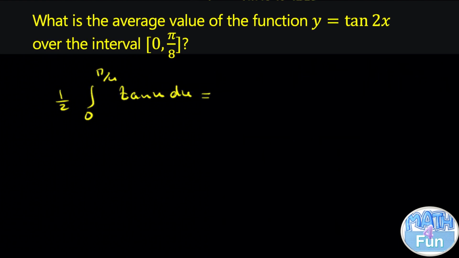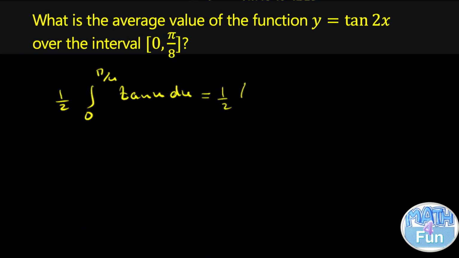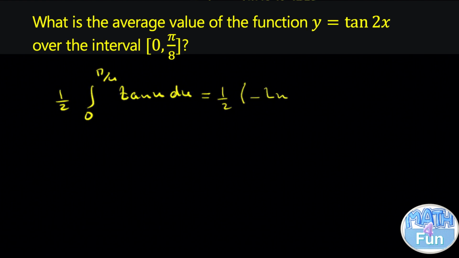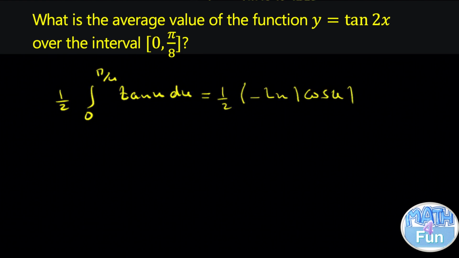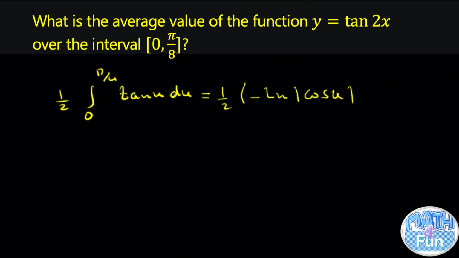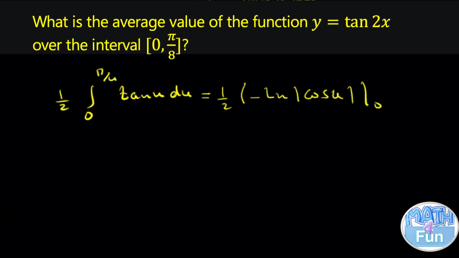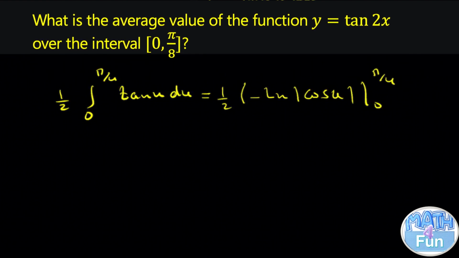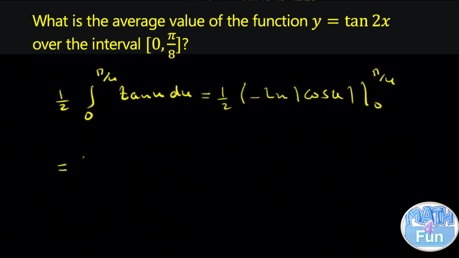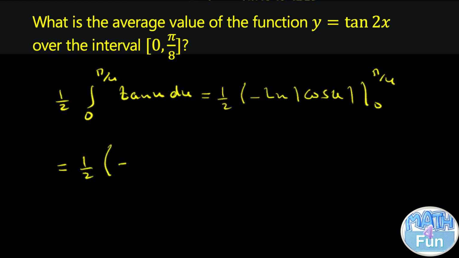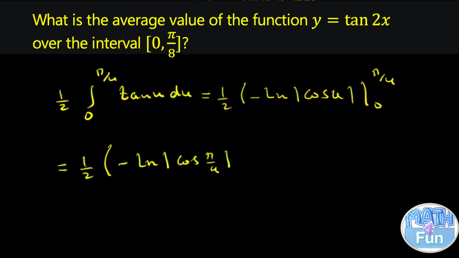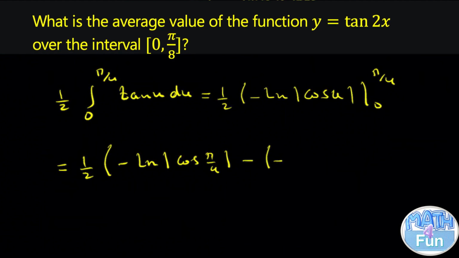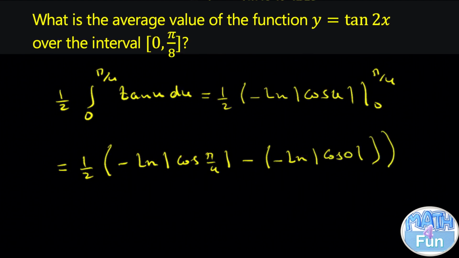We can write it is equal to 1 over 2 times minus ln of absolute cosine of u, from 0 to pi over 4. Let us simplify. It's going to be equal to 1 over 2 times minus ln absolute cosine pi over 4, minus of minus ln absolute cosine of 0.